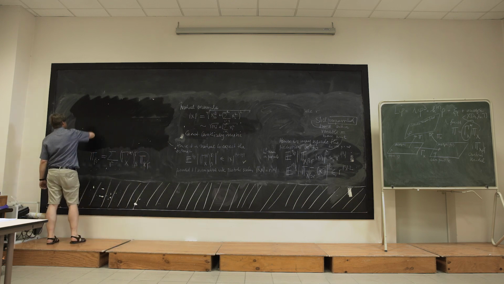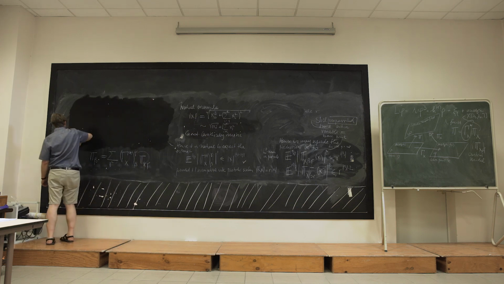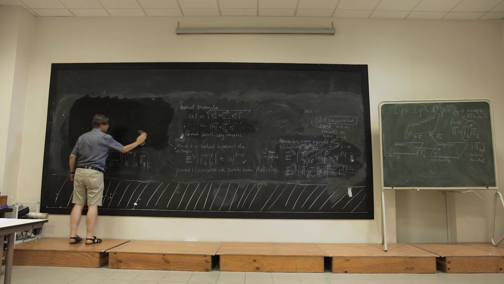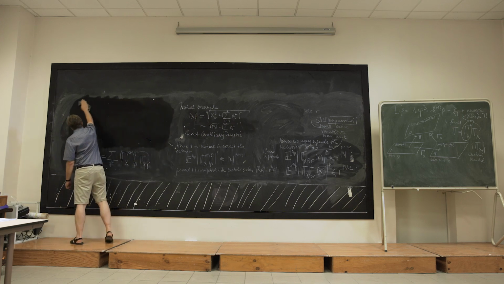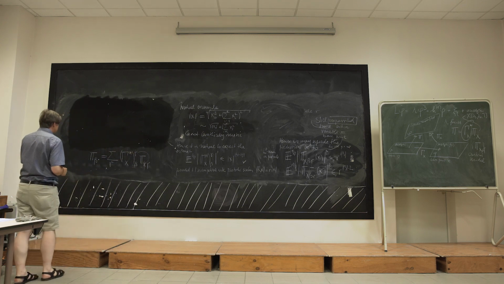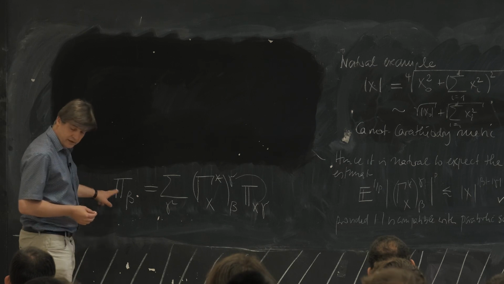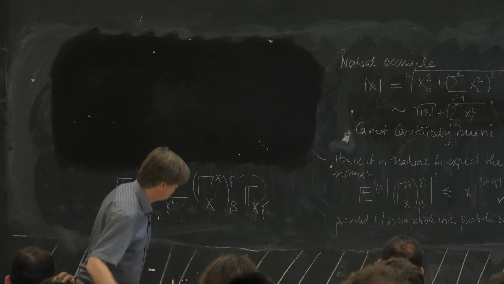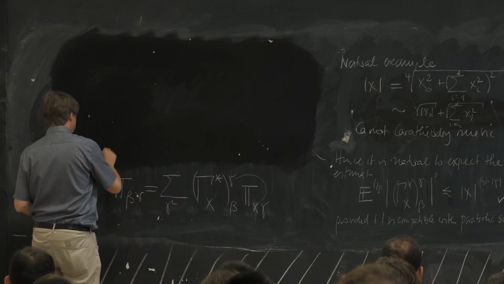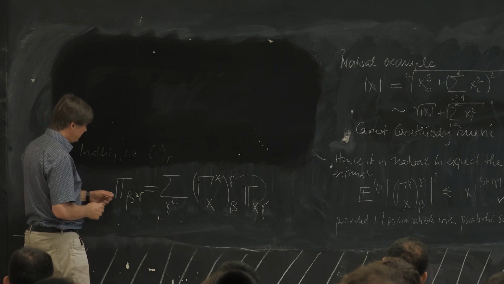I need this identity. So let's start from this here and let's mollify this identity, which means we apply our convolution or mollification operator.